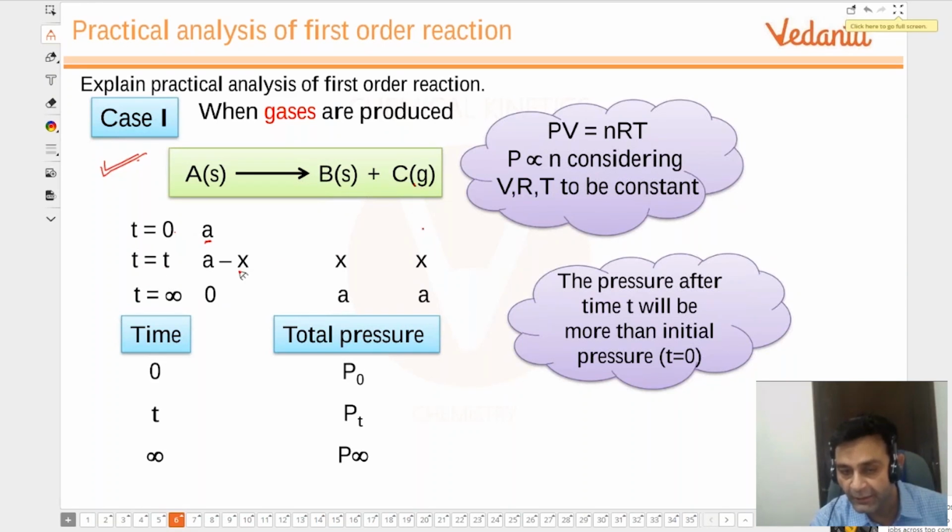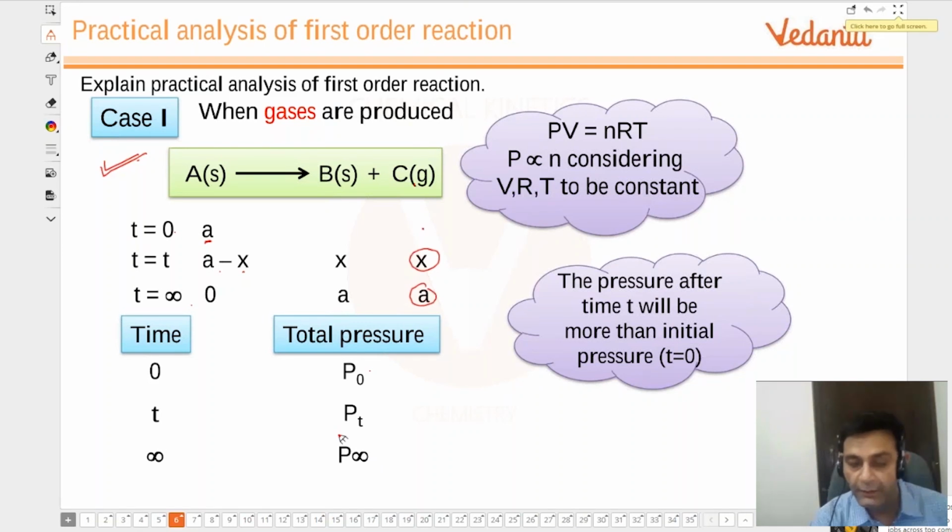After time t, some amount X has reacted, and the C formed will be equal to X. Are you getting me? So at infinite time, this will be equal to the value of A. It means initially I have P naught pressure. At time t, I have Pt pressure. At infinite time, I have P infinity pressure.